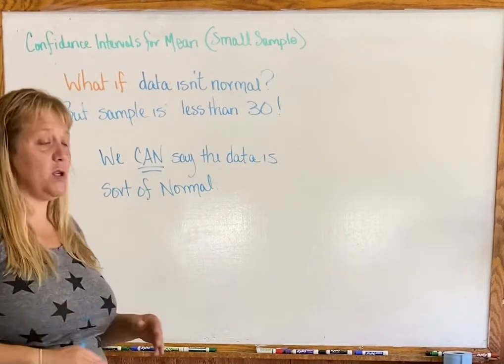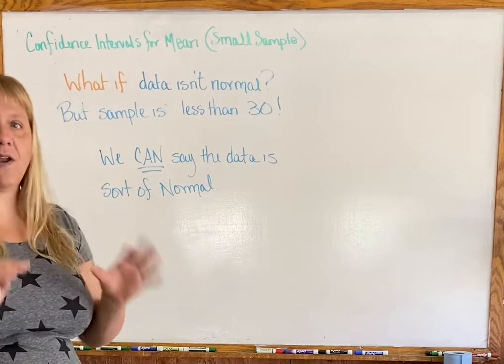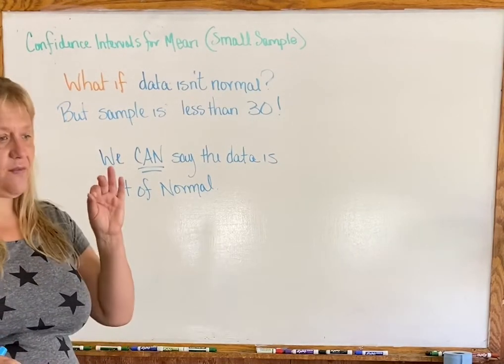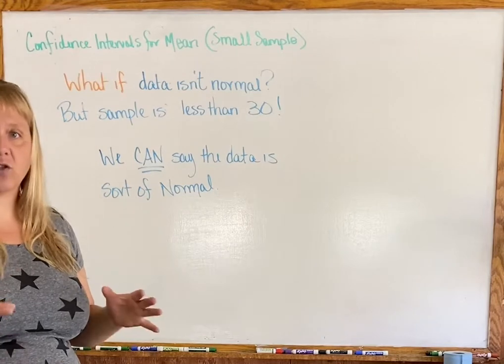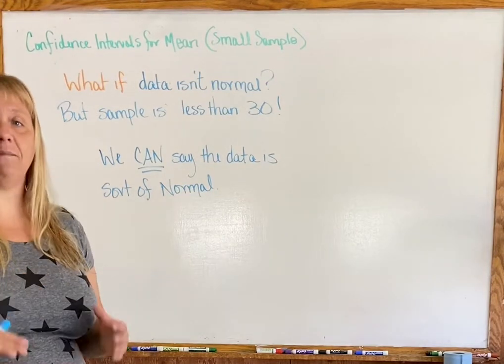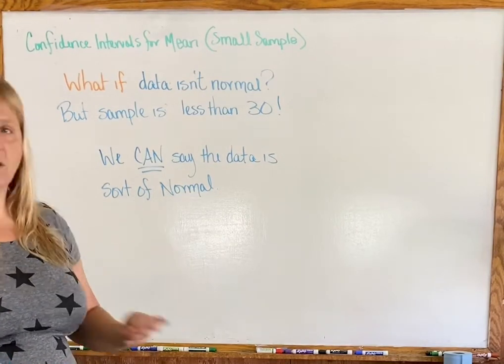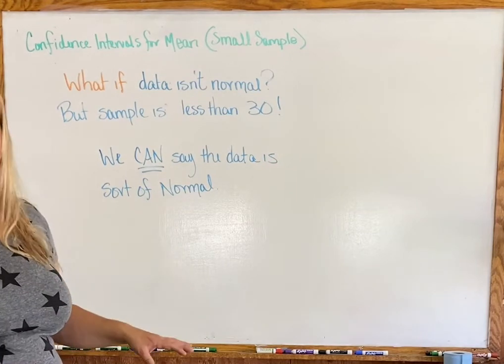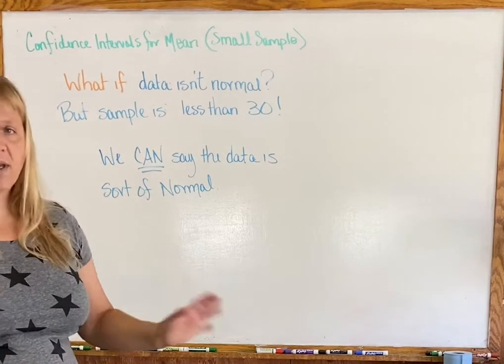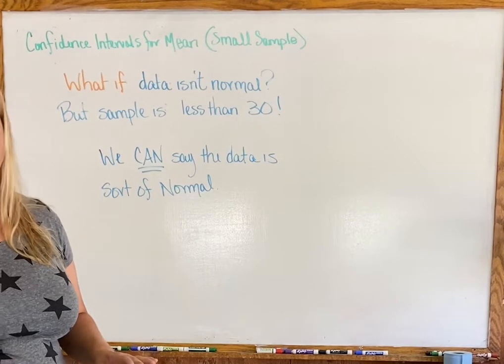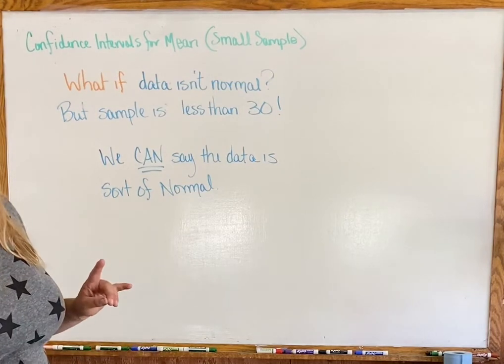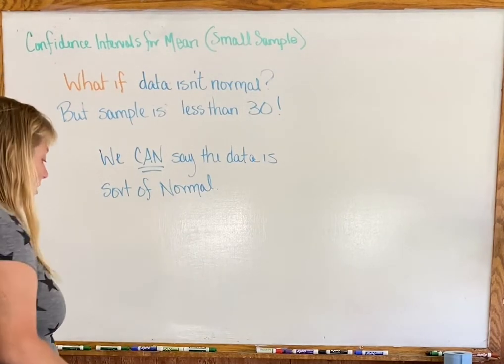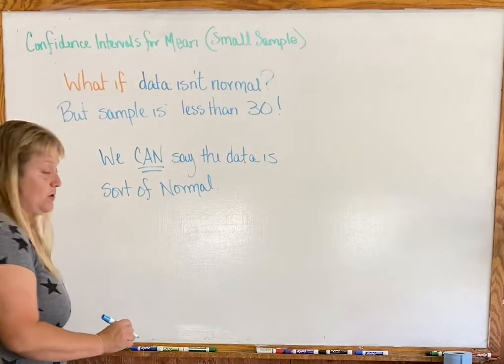The normal distribution, the normal curve is very, very special. And if it doesn't fall into that characteristic of being normal, having that perfect, nice bell-shaped curve, we don't get to use z-scores. We don't get to use easy peasy, big Z. We don't get to use any of our z-score formulas. But what we can use is a different distribution called the t-distribution.